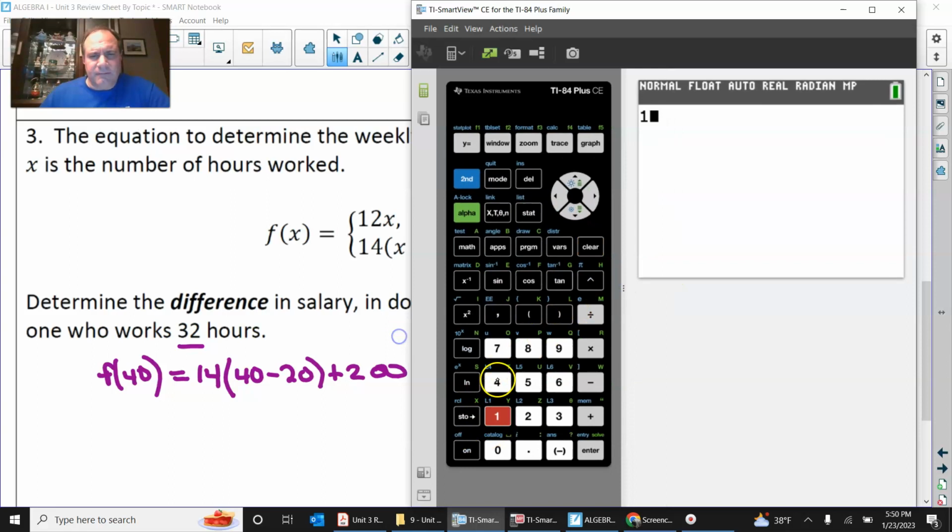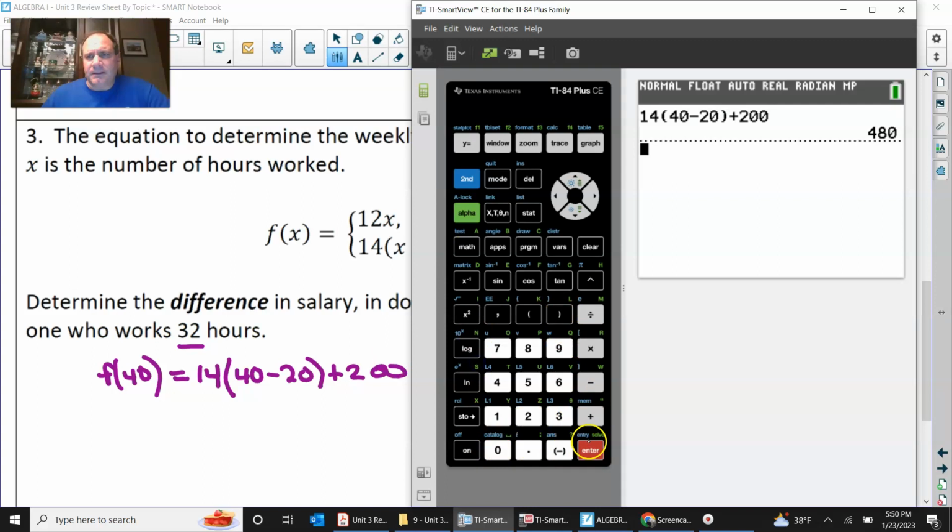I'm going to put that in, 14 times, start that again, 40 minus 20, close the parenthesis, plus 200, and that's 480.